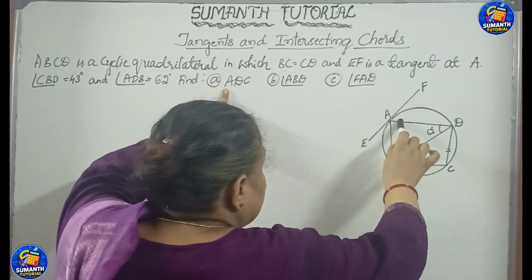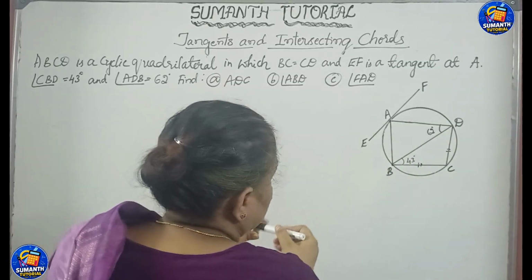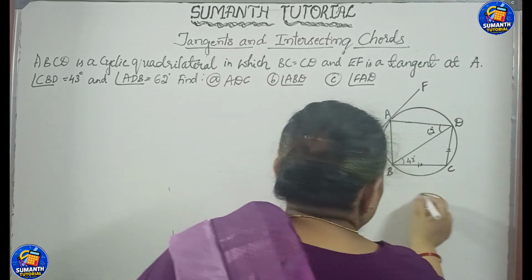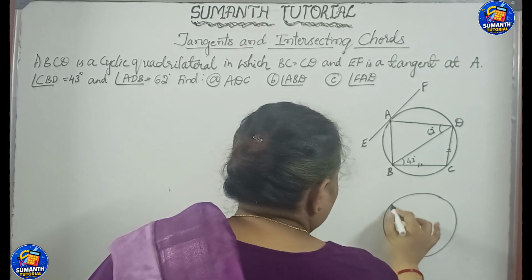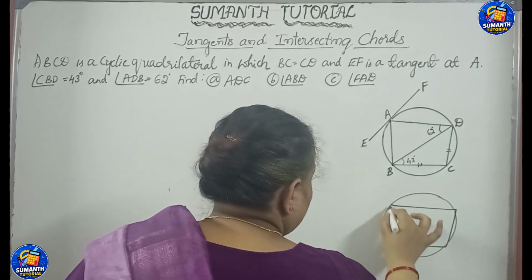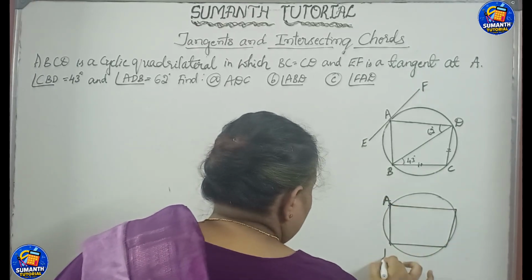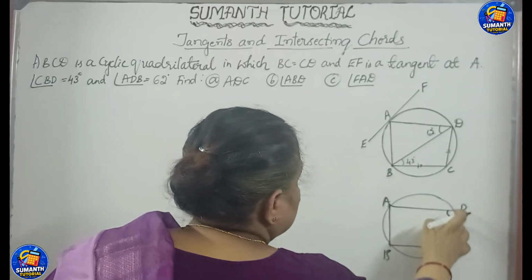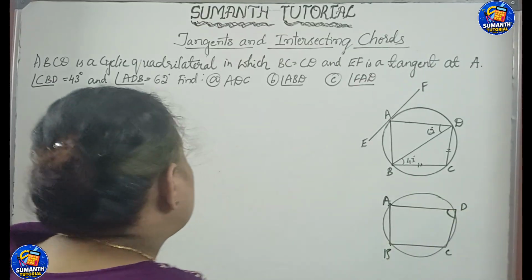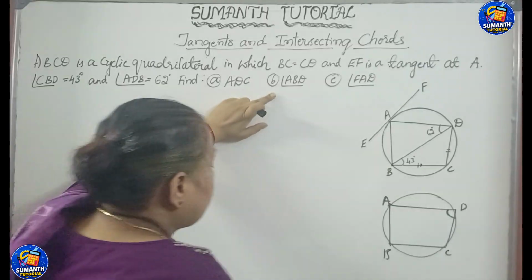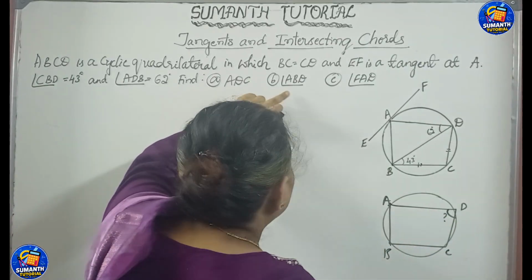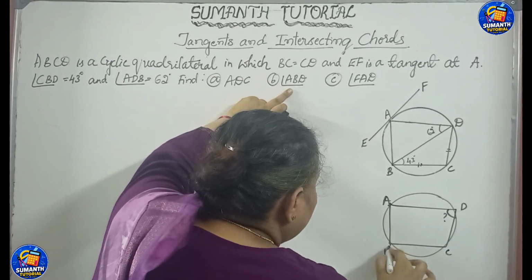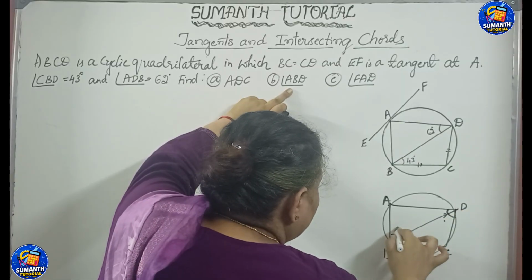Find angle ADC. Nothing but what to find here in this cyclic quadrilateral. You have to find angle, which one? The total angle ADC you have to find. Okay. Next, what you have to find next here is angle ABD. This one you have to find.